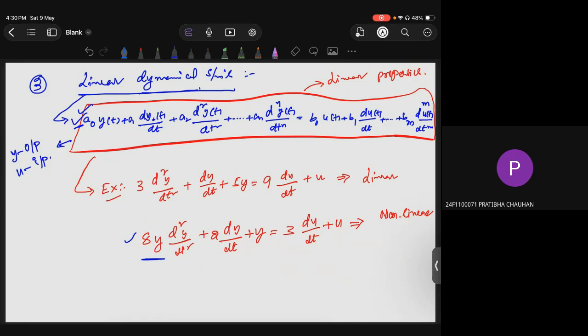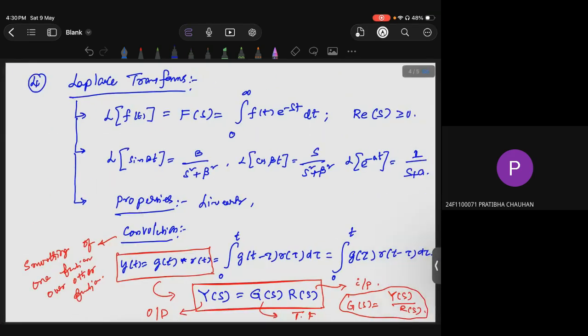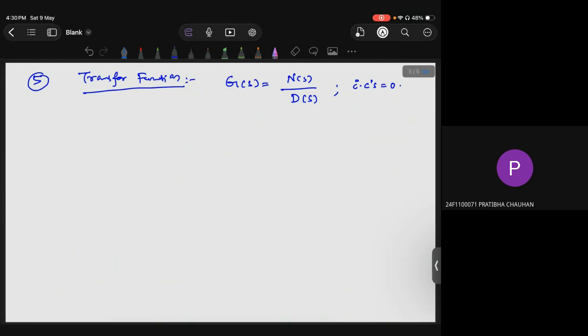So in general, we take these as proper functions. What do you mean by proper functions? Basically, the order of numerator is m, the order of denominator is n. So proper function means m should be less than or equal to n.